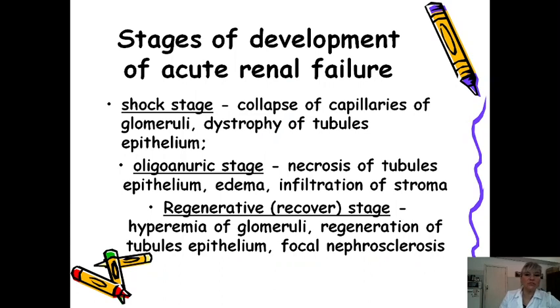What are the stages of development of acute renal failure? First, the shock stage. We see the action of etiological factors, toxins or shock situation. What can we see? Collapse of capillaries of glomeruli, dystrophy of tubules epithelium. Then the oligoanuric stage: clinically we see oligo- or anuria as a result of necrosis and edema of tubules epithelium and infiltration of the stroma.